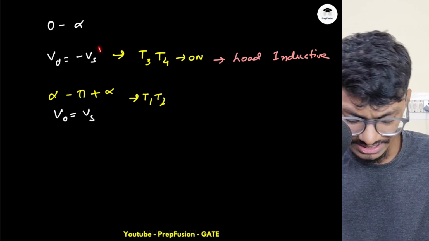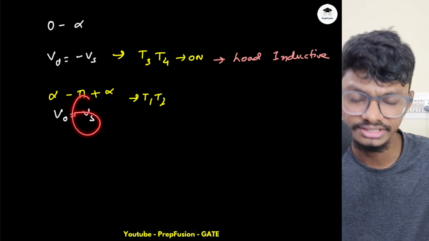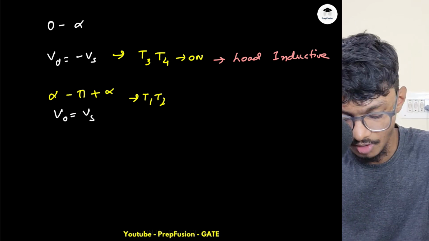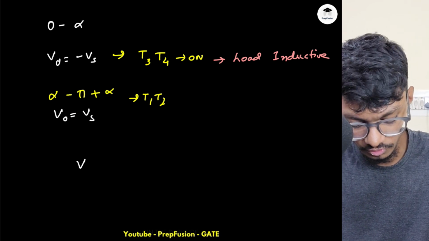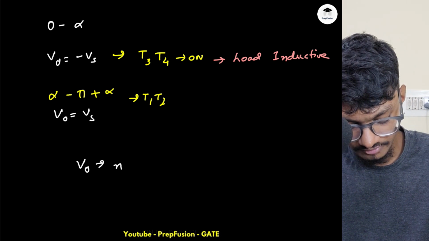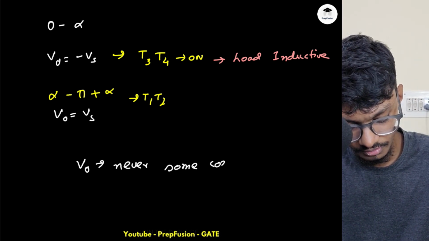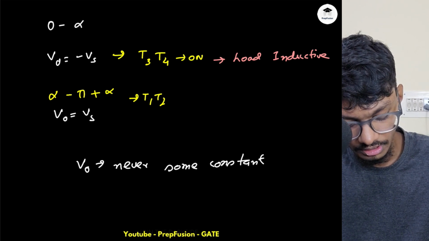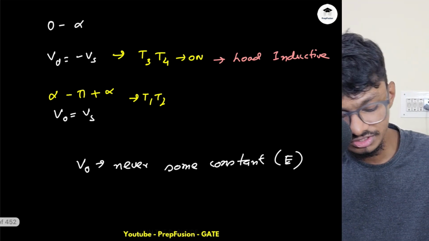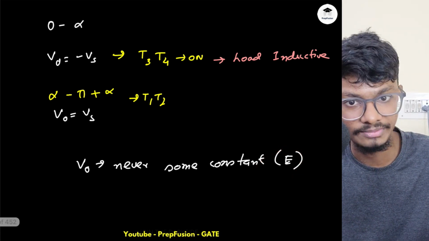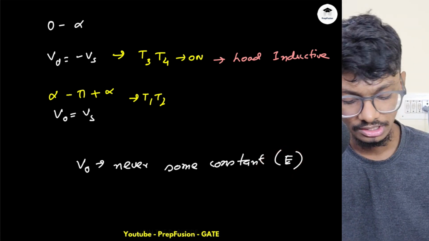Here, either it is equal to plus Vs or minus Vs. Our output voltage VO is never some constant value like E, and it is never 0. Whenever VO is equal to E or VO is 0, that means the current has gone to 0, but that never happens.